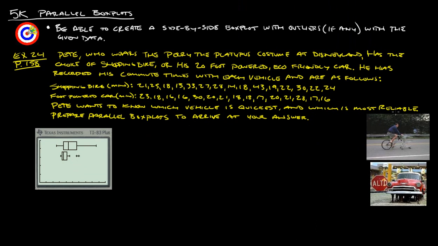Pete wants to know which vehicle is quickest and which is most reliable. The quickest one looks like, again, these have lower times, so the quickest looks like it is the foot-powered car.